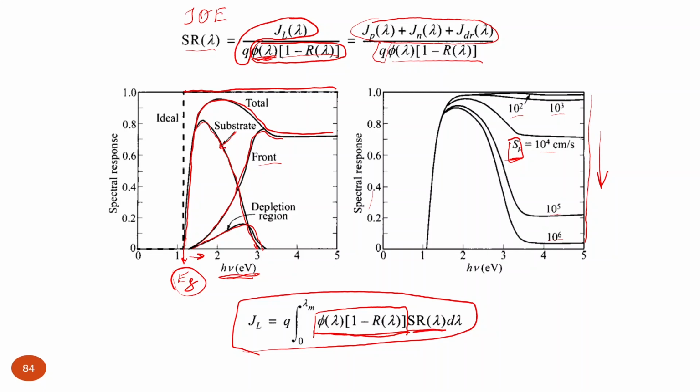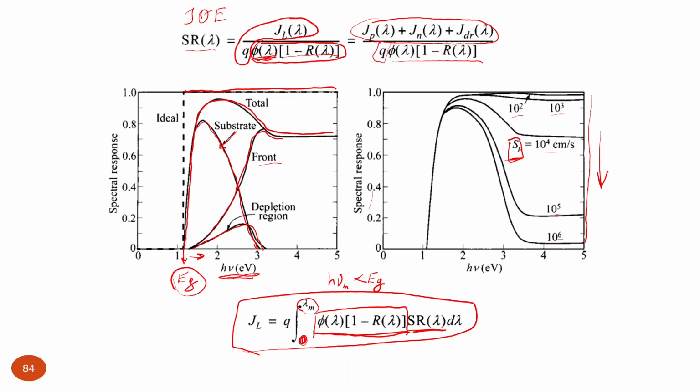If we want to get total photocurrent, we need to integrate it from wavelength 0 to the wavelength which corresponds to h nu, which is Eg, because if we go to longer wavelengths, h nu will be smaller than the band gap Eg, and it will not create photo charge carriers.